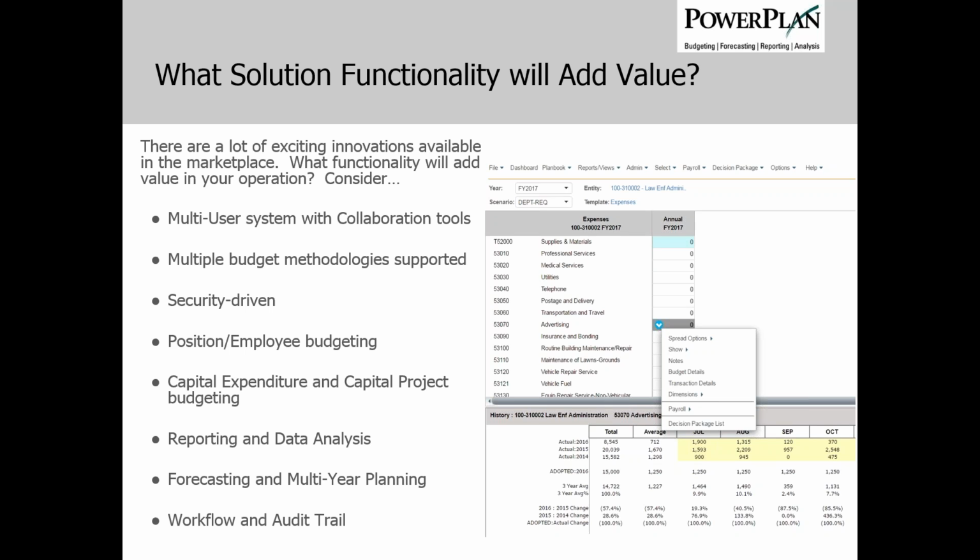If capital expenditure or capital project budgeting is an important need in your business, then you'll want to ask your vendor, put them to the test, and have them demonstrate their capabilities in those areas.